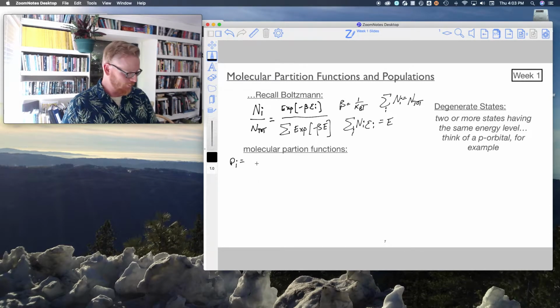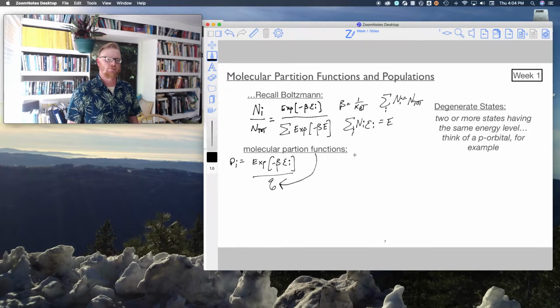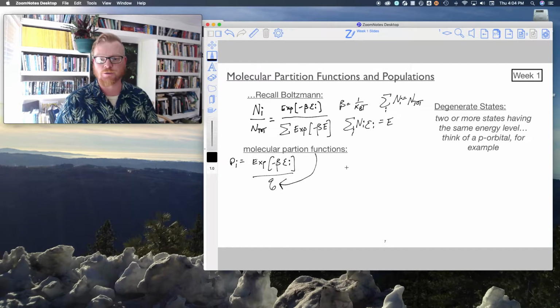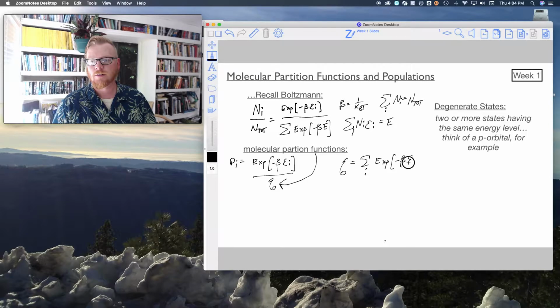I'm going to say that equals exp of negative beta times energy, divided by Q, where Q is my actual partition function. Q is the partition function, and Q equals the sum of all of those states raised to this exponential equation.